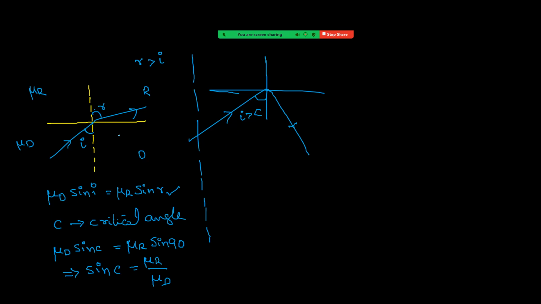So one condition is that the light ray should travel from denser to rarer medium.